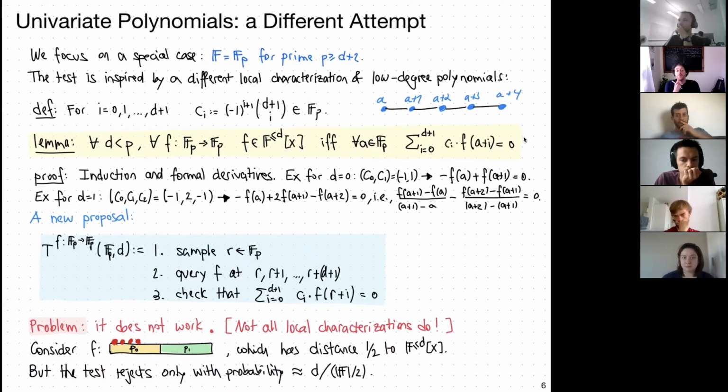It would look like a low-degree polynomial to that test. Maybe in this picture it doesn't make the point, because think about P0 being huge and P1 being huge and d being quite tiny. In that sense, most of the probability is that you won't switch from P0 to P1.